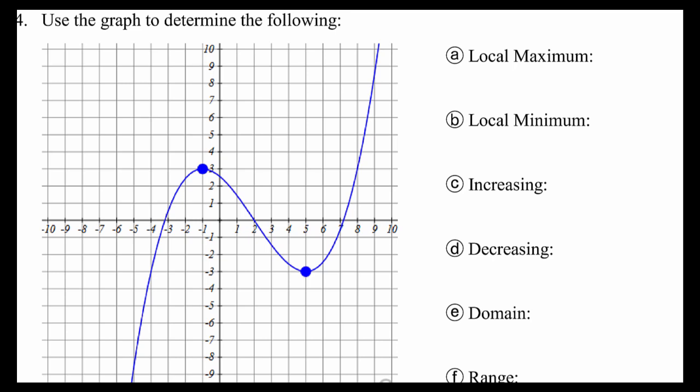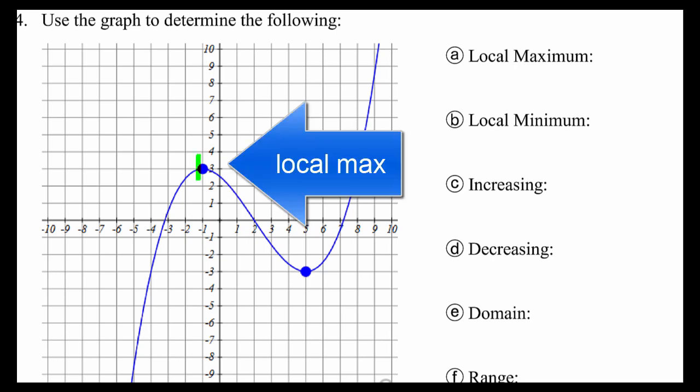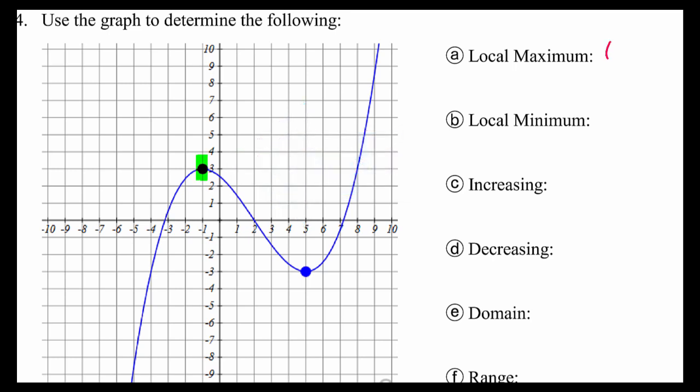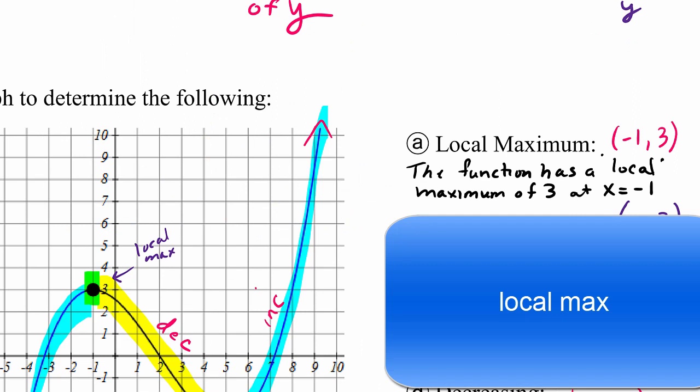So where do we have a point that is acting as the highest point locally? And that would be right here, wouldn't it? I'm sure you can locate that. So you want to give me the ordered pair there, and that's (-1, 3). So we say that the function has a local maximum of 3 at x equals -1.